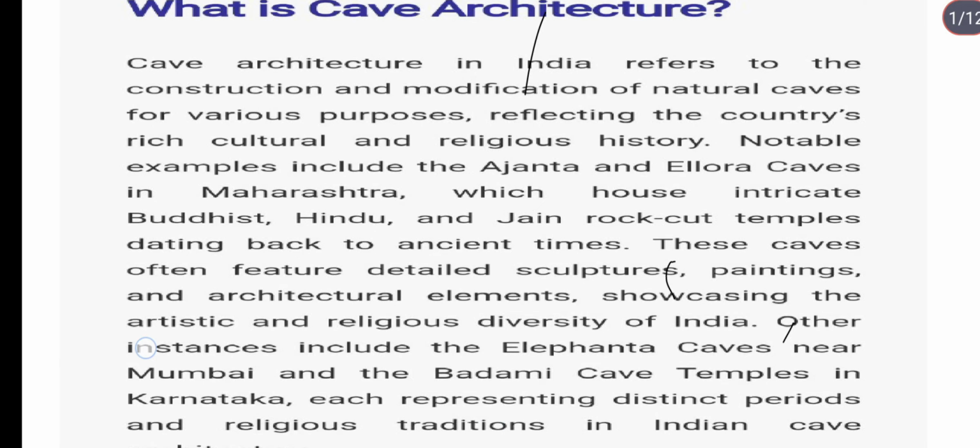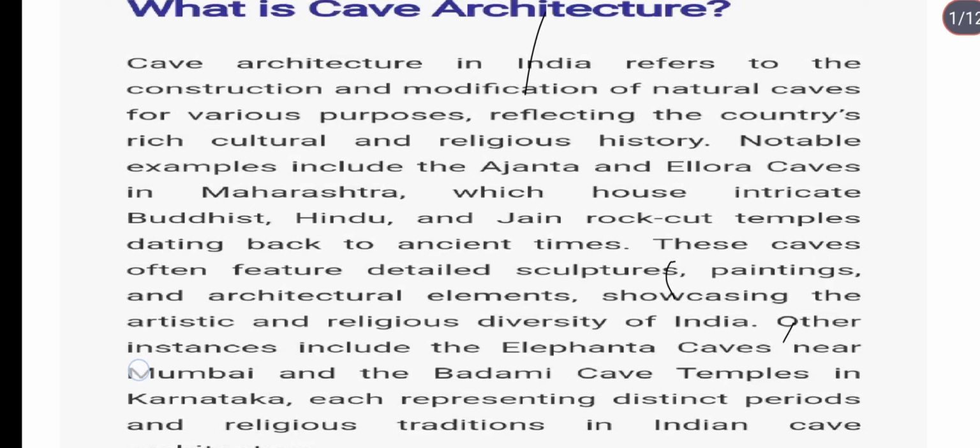cultural and religious history. There are notable examples in Maharashtra, Ajanta and Ellora also. And also the Buddhist, Hindu, and Jain rock-cut temples dating back to ancient times. These caves often feature detailed sculptures, paintings, and architectural elements, showcasing the artistic and religious diversity of India.